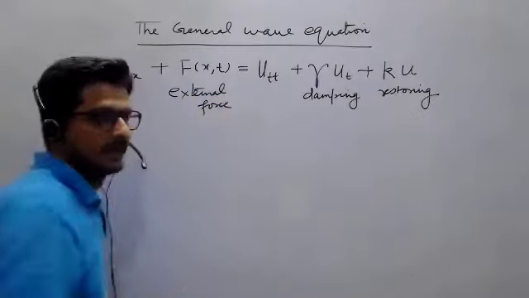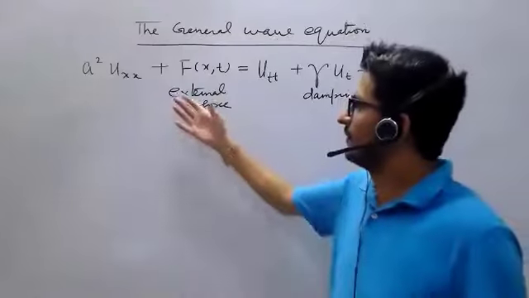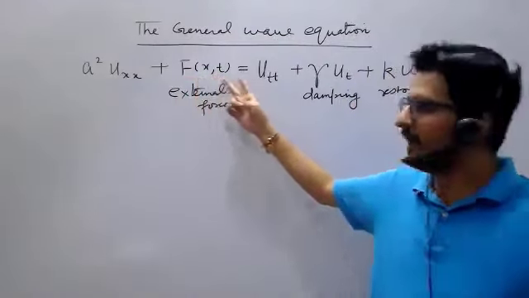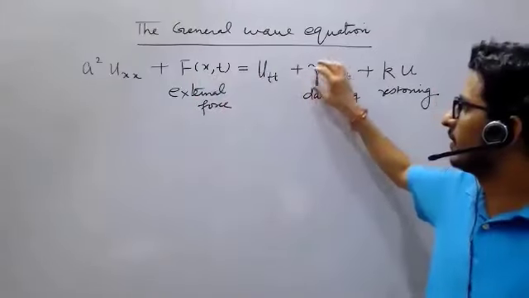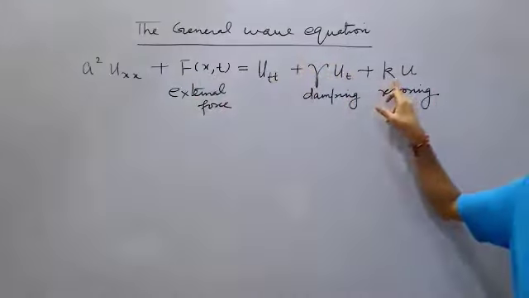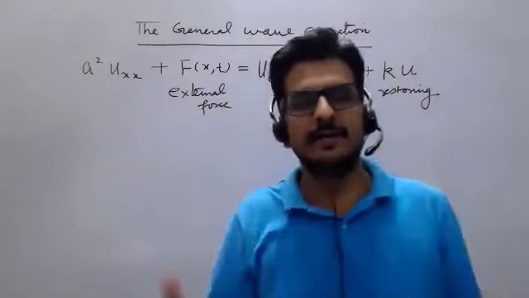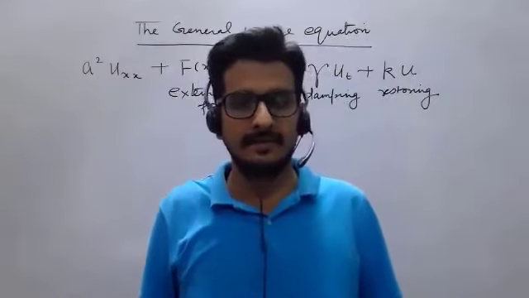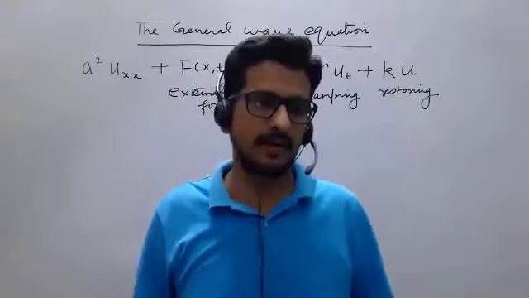External force. So you can imagine how difficult it would become if you have a complex profile of external force, and then gamma is also suppose a complicated, not a constant but a complicated function, and k is also like that. So such wave equations become very complicated, and the only method that we can pursue is the methods of numerical techniques that works in this case.